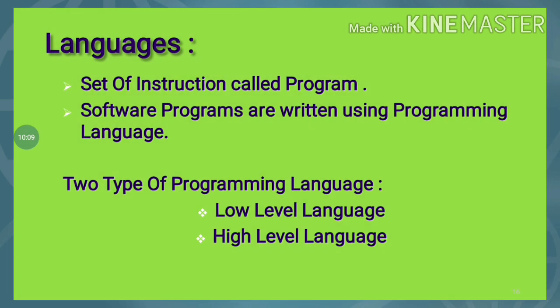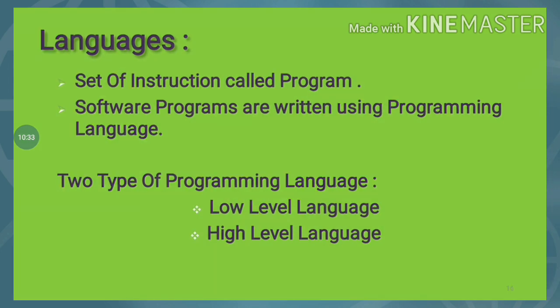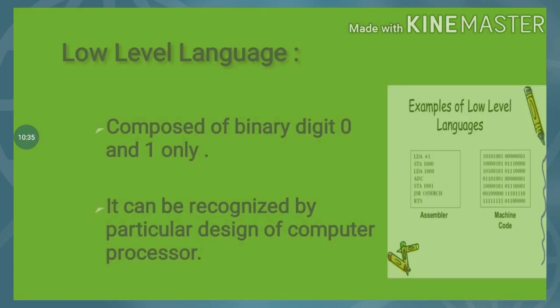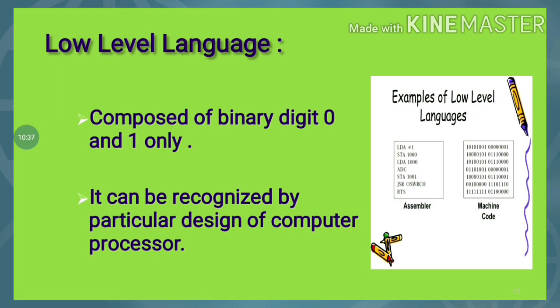Next, languages. What is a language? It is a set of instructions called a program. Software programs are written using programming languages. We have two types of programming language: one is low level language, another is high level language.